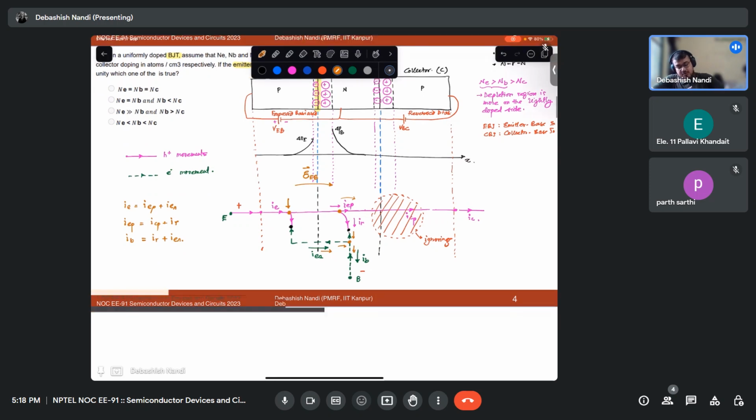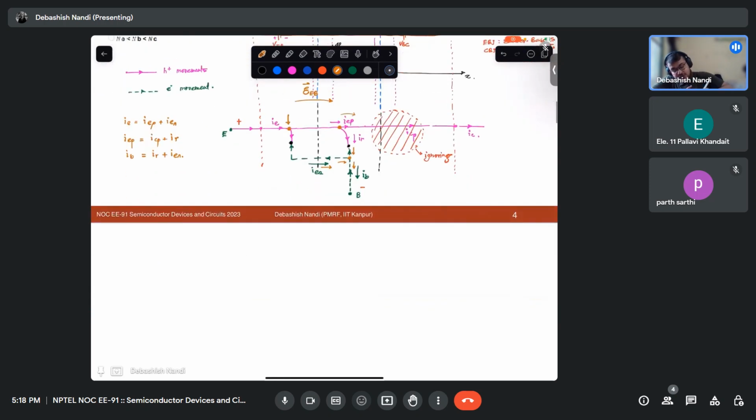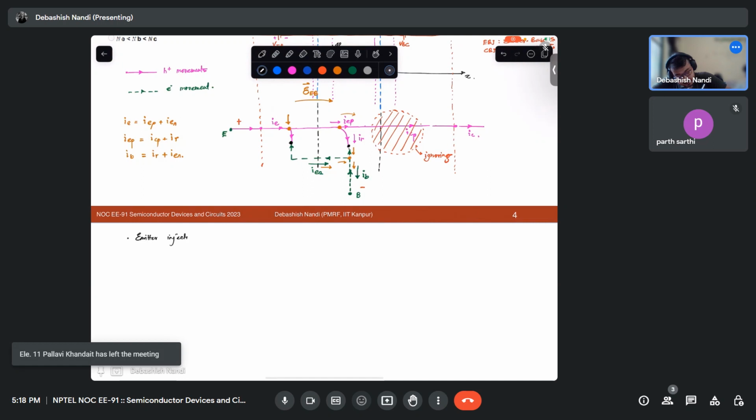Now, can any one of you tell me what we mean by emitter injection efficiency? This is denoted as gamma. What does it mean?